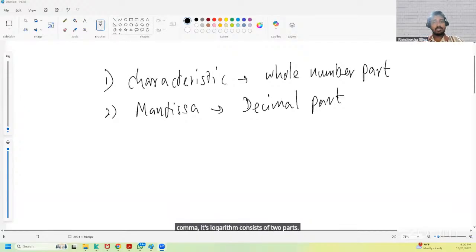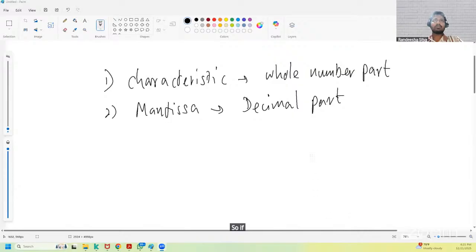The first part is the characteristic. So what is this characteristic? The characteristic is the whole number part.